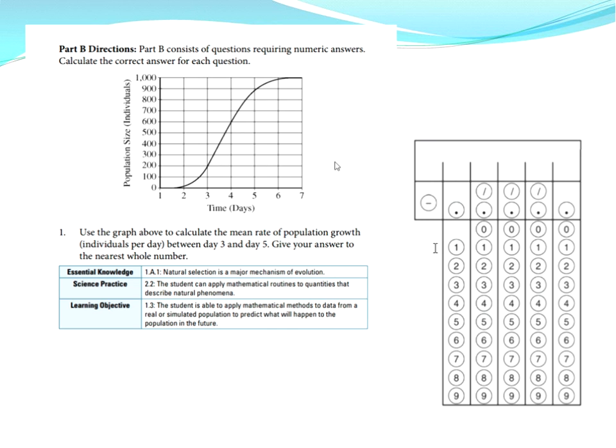What do you think the mean rate of population growth would be between 3 and 5?